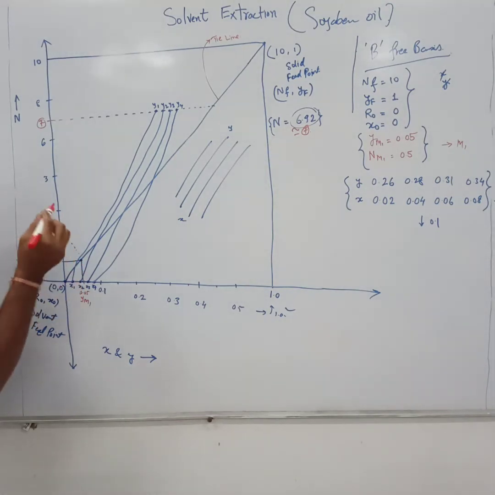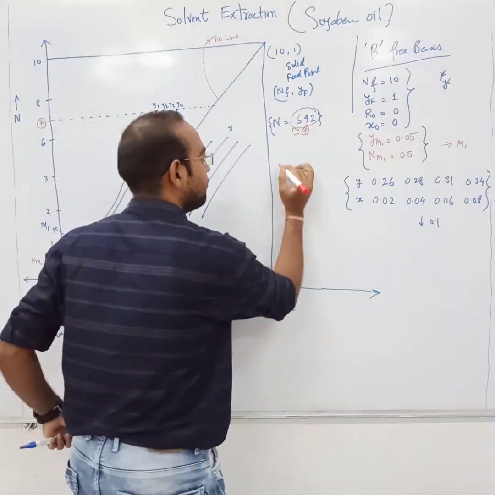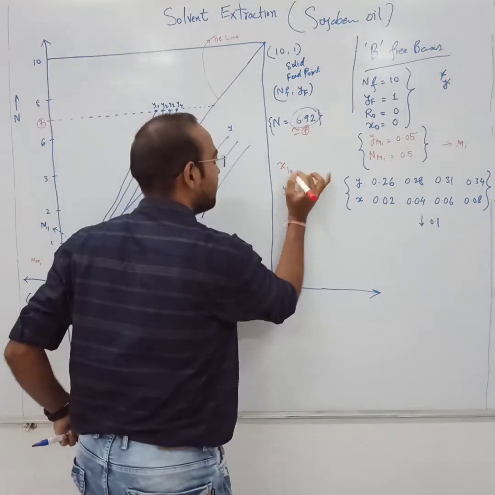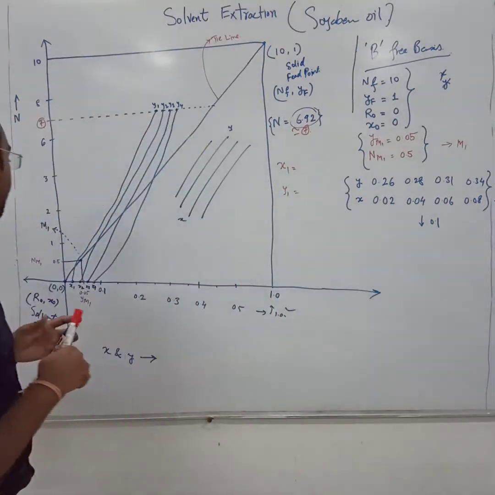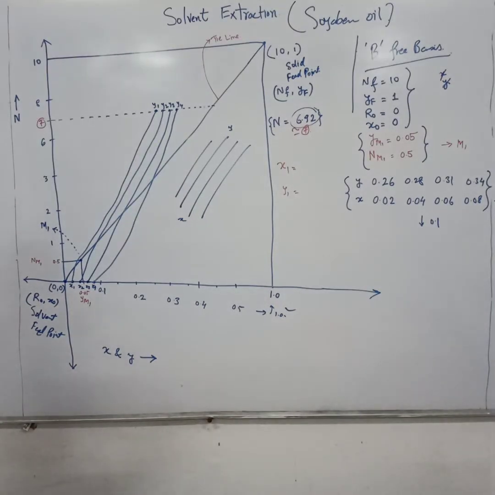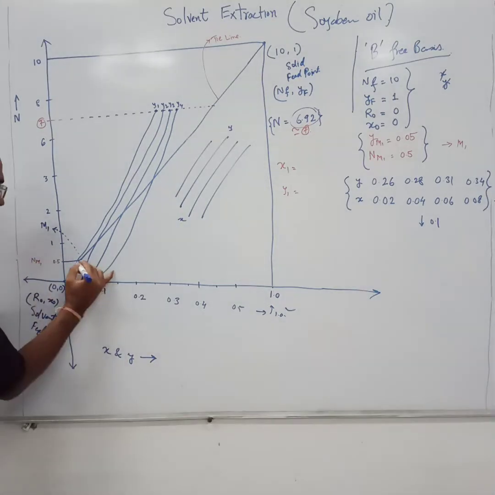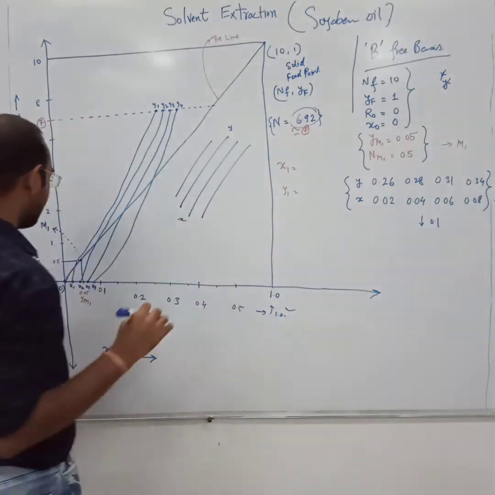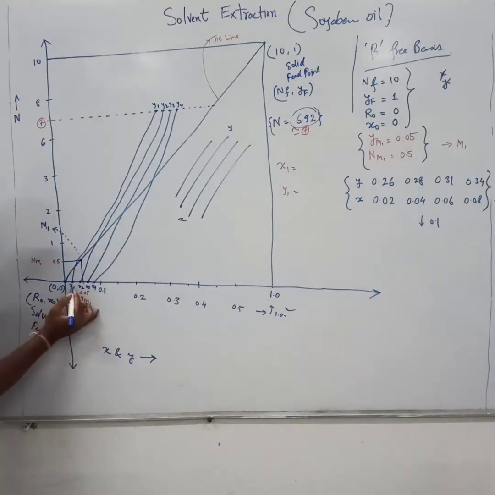To find the values of x1 and y1, consider the line which is very close to your point M1. So the close line is this.